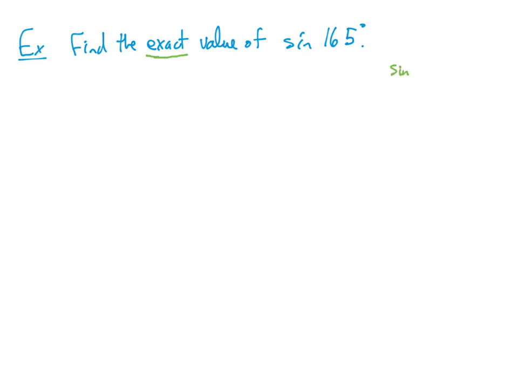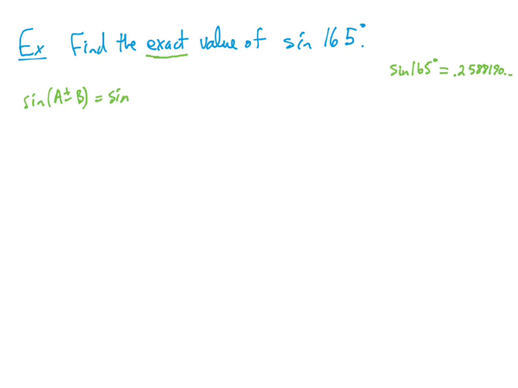Now, we could type this into the calculator, 165 degrees, making sure we are in degree mode, and we get 0.2588190. Now, this isn't an exact value, it's a decimal approximation of an exact value. So we're going to use the sum or difference formula for sine in order to get an exact value.